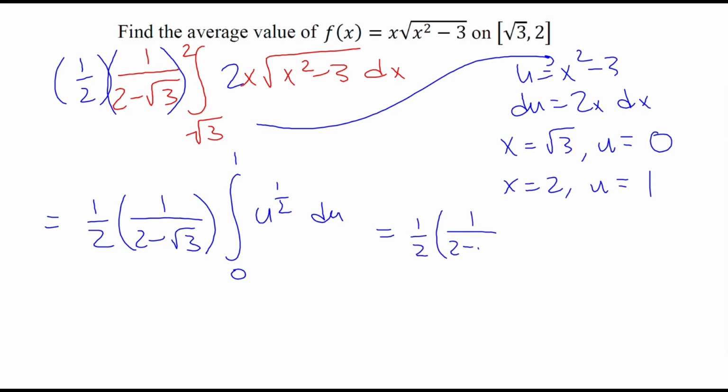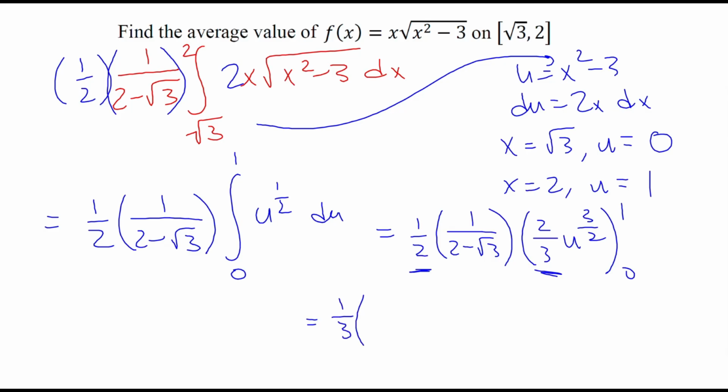Now our integral is going to be 2/3 of u to the 3/2 evaluated from 0 to 1. Well, the 1/2 and the 2/3 should multiply together to make 1/3. So we've now got 1/3 of 1 over 2 minus root 3.